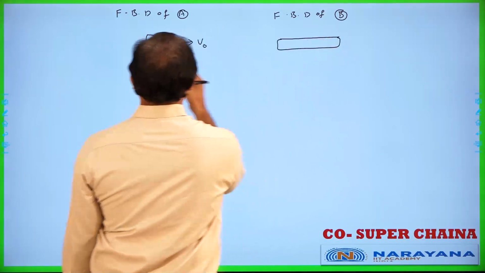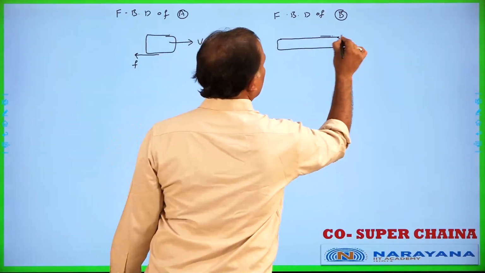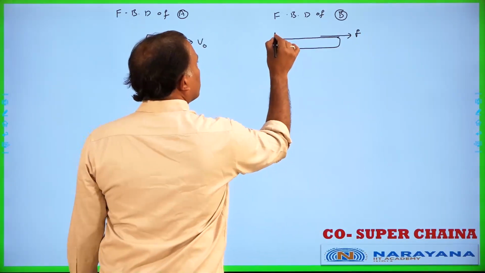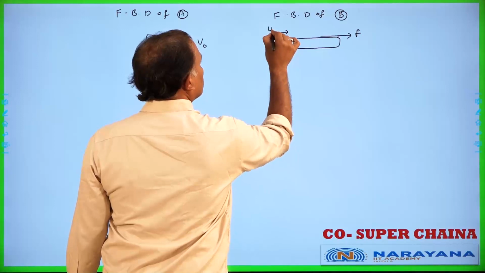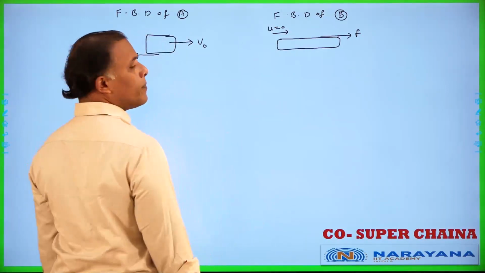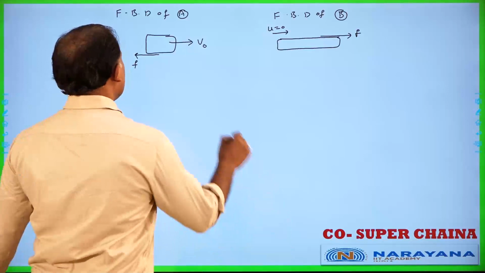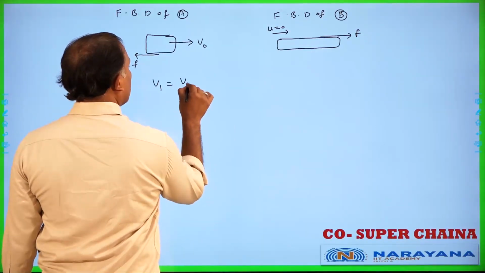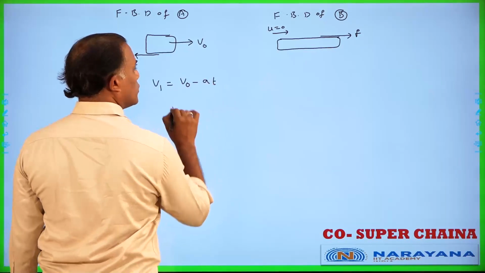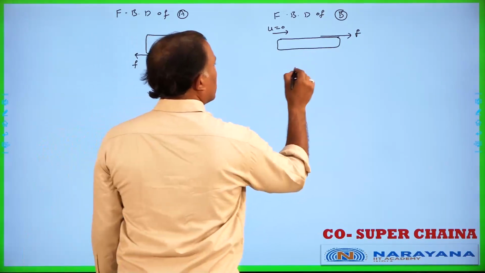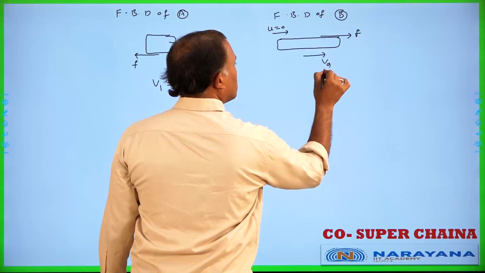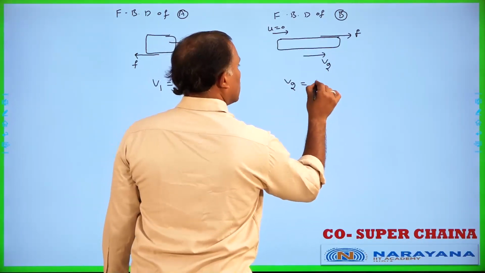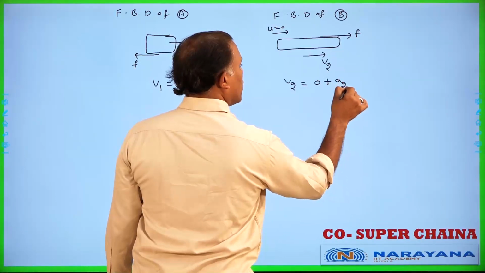As friction is acting this side on A, friction will be acting this side on B. Due to that, it will start moving this side. U is equal to 0 of course, initial velocity, and slowly its velocity increases. So V1 is equal to V0 minus A1 into T. Here V2 is equal to U, 0, plus A2 into T.